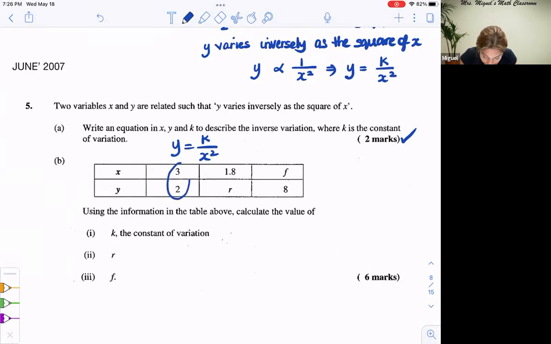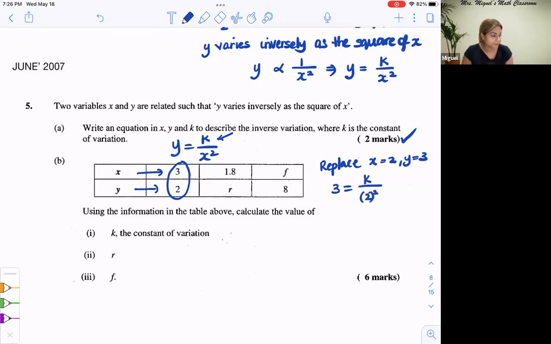Here we know that the reason they give us this value and this value is so that we can find k. So replace x with 2 and y with 3. So 3 is equal to k over 2 squared.